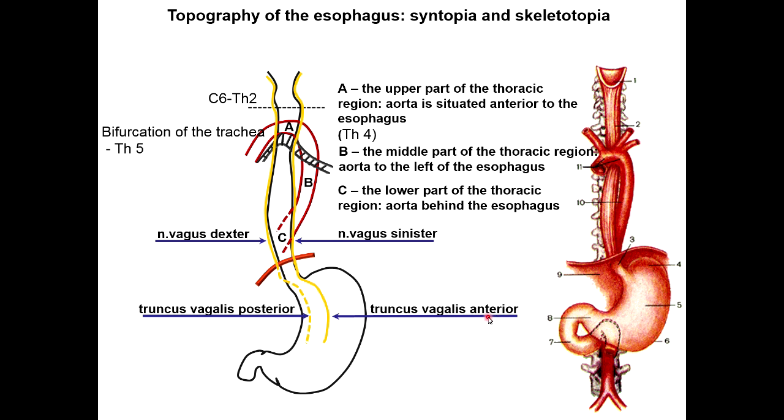So we should keep in mind that in the thoracic cavity there are two vagal nerves, nervus vagus dexter and nervus vagus sinister. But in the abdominal cavity they disappear as nerves, and we use other terms: truncus vagalis posterior from the nervus vagus dexter and truncus vagalis anterior from the nervus vagus sinister.